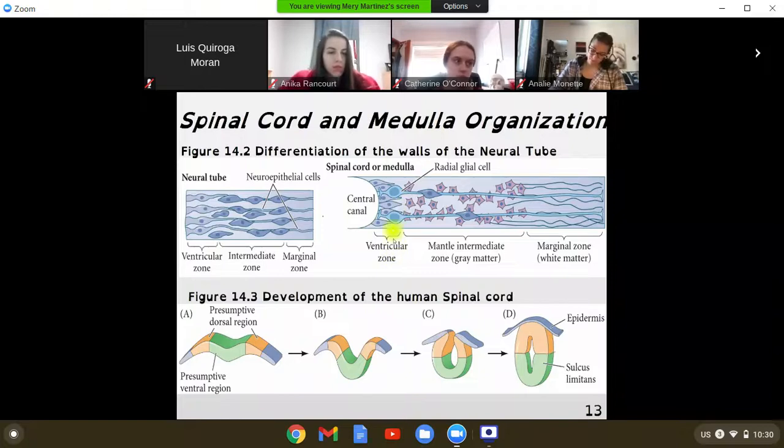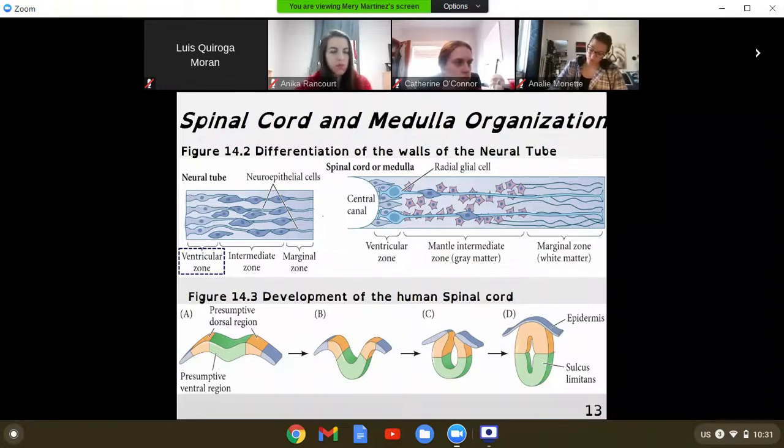So this zone here that we say is the ependymal zone, the ventricular zone. Okay, so this zone over here. The second part is the mantle or the intermediate zone that contains the body of the neurons. Okay. And then we have the marginal zone that contains the axons of the neurons that are found in the mantle. Okay. And we're going to have some connective tissue over there.